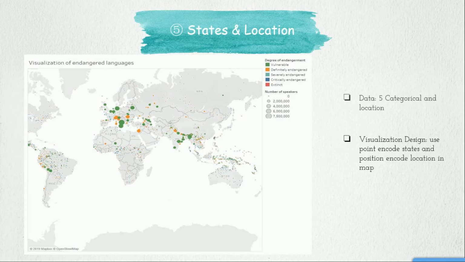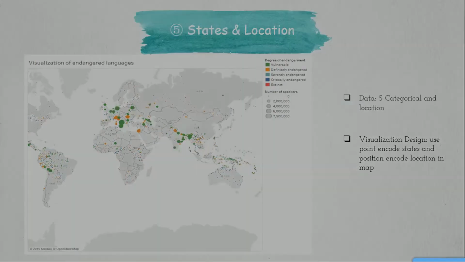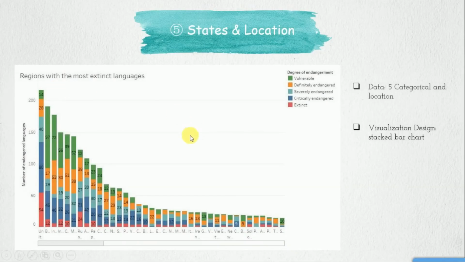We use color to encode the degree of endangerment and use points to encode the number of speakers. Our data comes from the category and the location. The next one is also state and location. Through these bars, we found that endangered languages are mainly distributed in the United States, India, and Brazil.